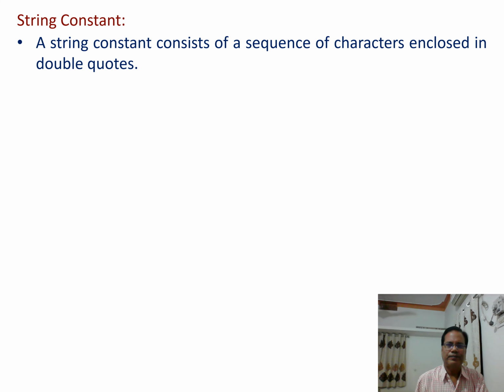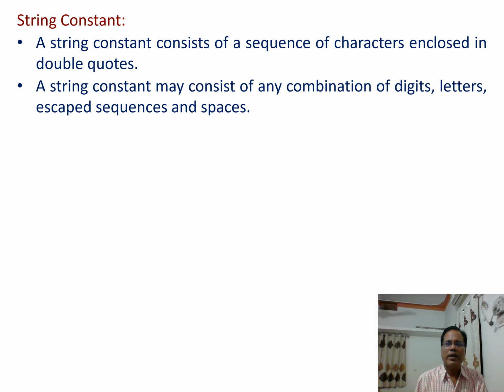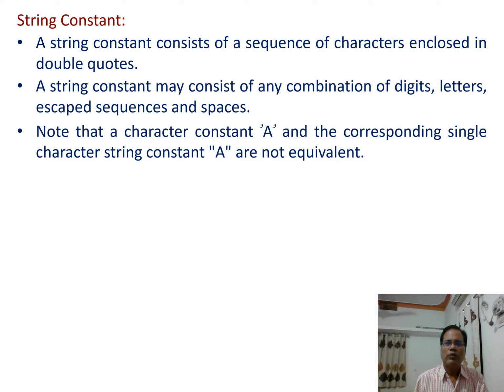String constant. A string constant consists of a sequence of characters enclosed in double quotes. A string constant may consist of any combination of digits, letters, escape sequences, and spaces. Note that a character constant 'A' and the corresponding single character string constant "A" are not equivalent.